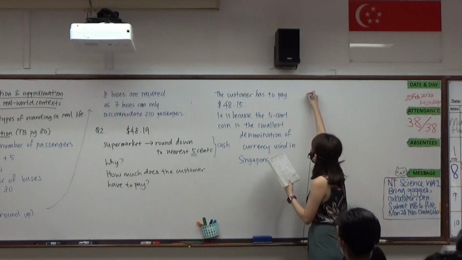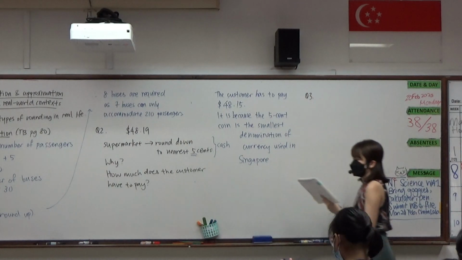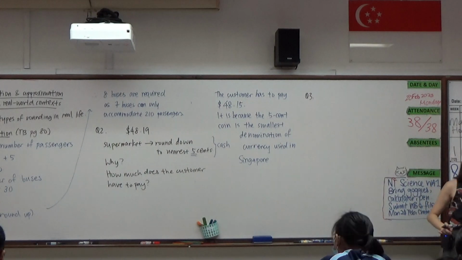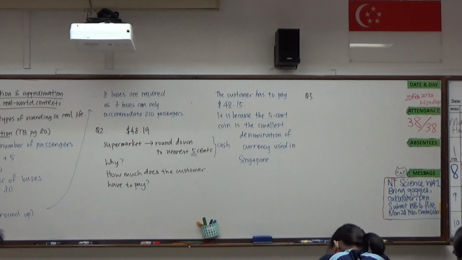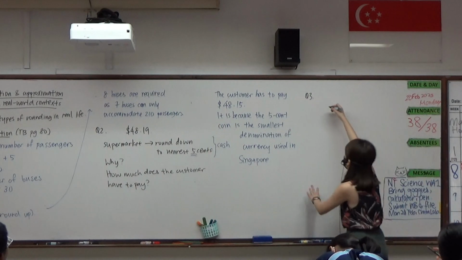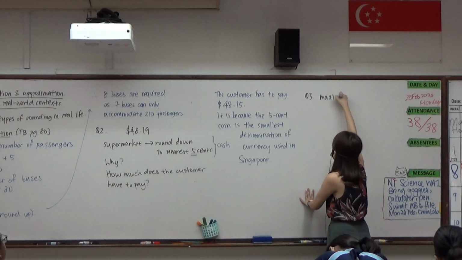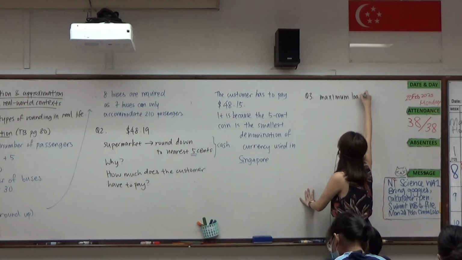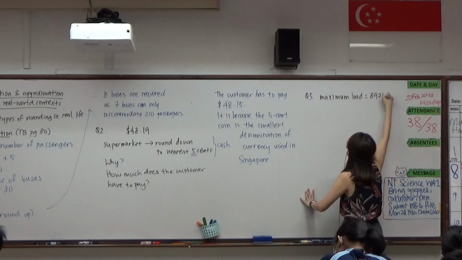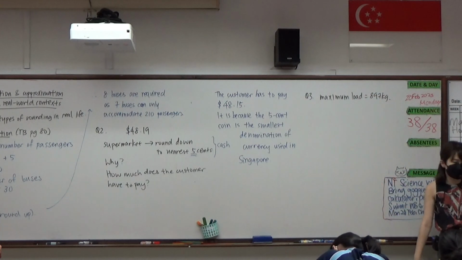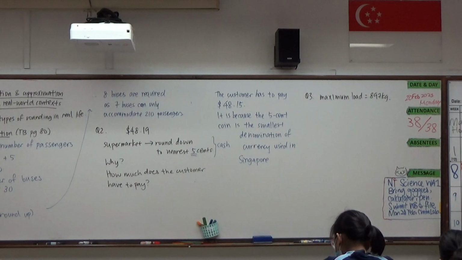Right, let's look at question 3. It says that suppose you design a lift that carries a maximum load of 897 kg. I'm sure you've taken the lift before, maybe not our school lift, but at home.